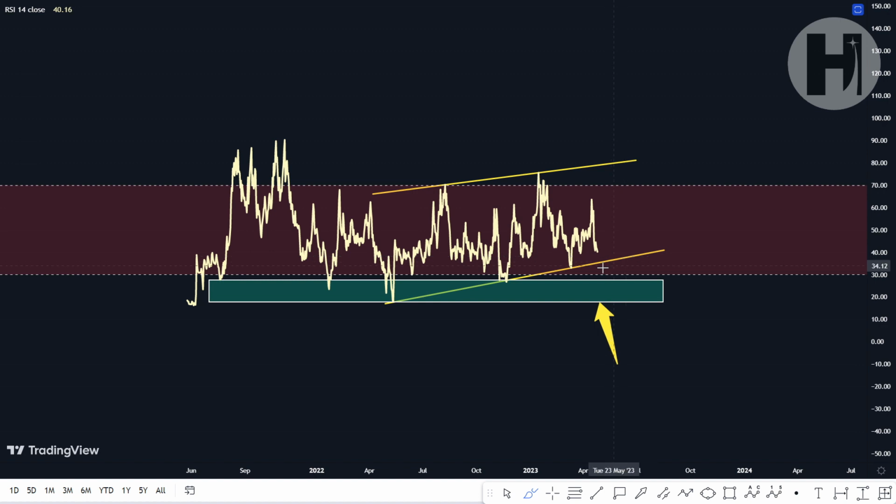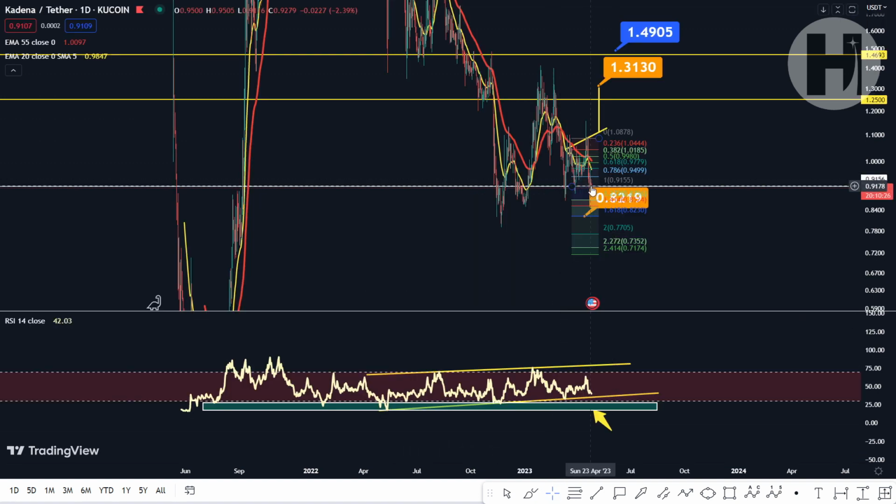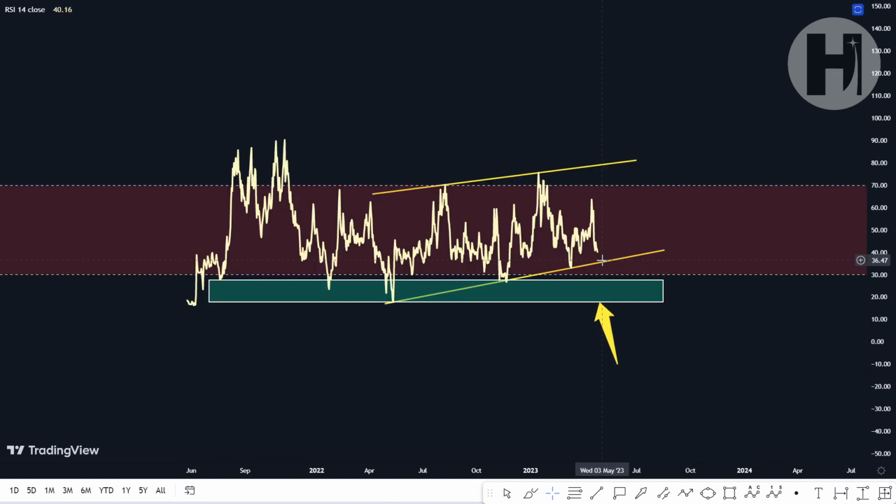If we do that, that's going to be your ultimate buying opportunity, because based on the price action, you're going to be sitting below the trend line probably. So you're going to be retesting one of these key lows, and based on the RSI, you're going to be sitting at a very nice support level.